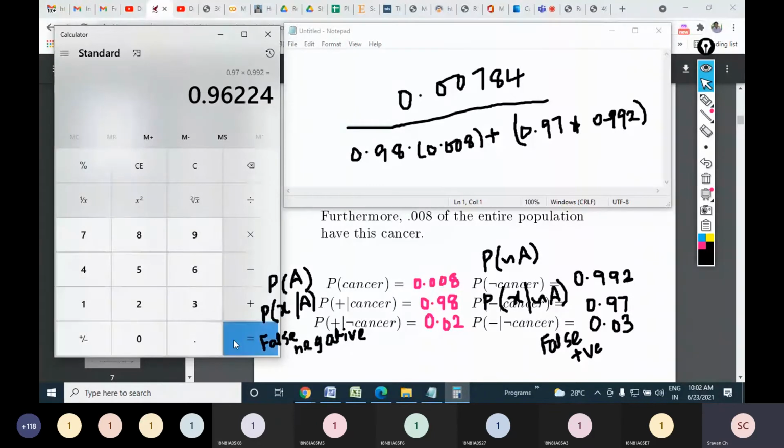This product is 0.96224. So this part is 0.96224, plus this I need to add, which is 0.00784, right?